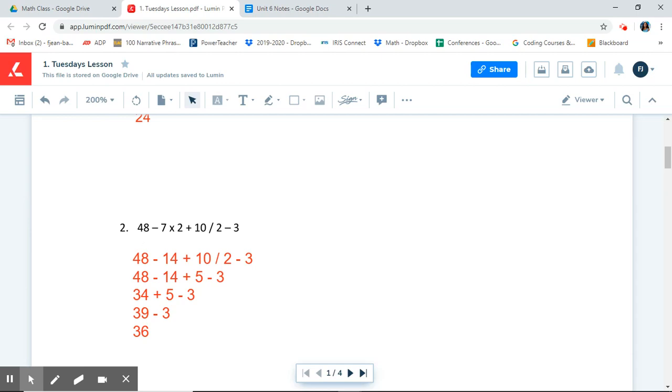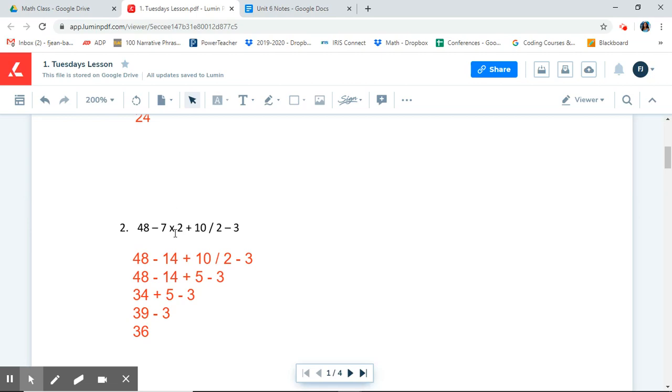So for number 2, we have 48 minus 7 times 2 plus 10 divided by 2 minus 3. What are we going to start with first? That's right, we're going to start with 7 times 2, because we always start with multiplication and division going left to right.